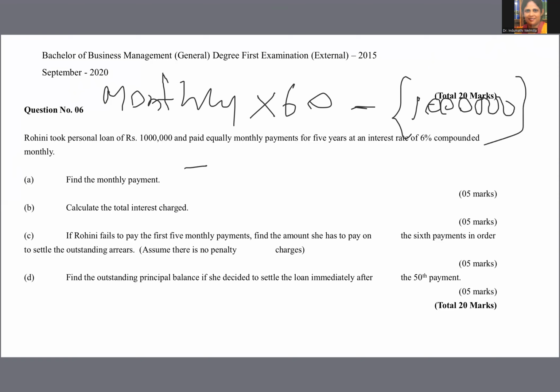Then this is the total interest charge. The other two sections I think you can do; no worry, you apply the same formula. Just understand what the sections are asking.